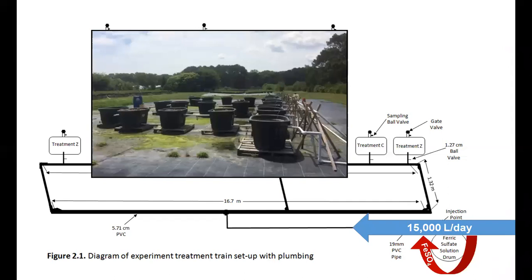Note that before the start of the 12 weeks, we ran pond water intermittently from the retention pond for about a month in order to colonize the woodchip bioreactors with native microorganisms. In the image here, you can see the systems.